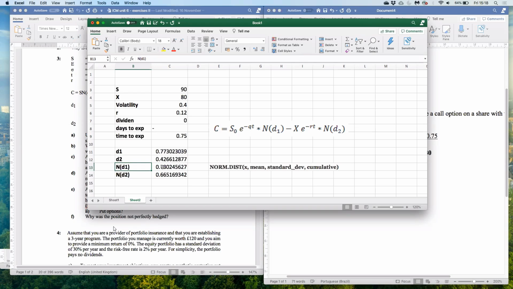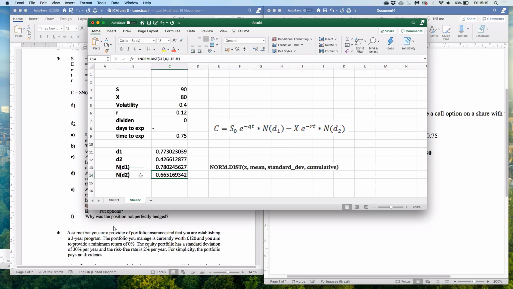The value of N(D1) uses the formula NORM.DIST: we insert the value of X, mean 0, standard deviation 1, cumulative true, and we get the value of N(D1), and also N(D2) using the same formula.